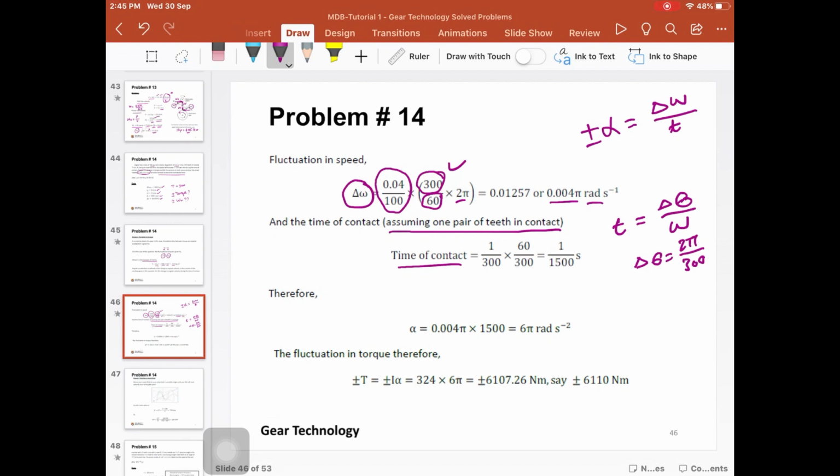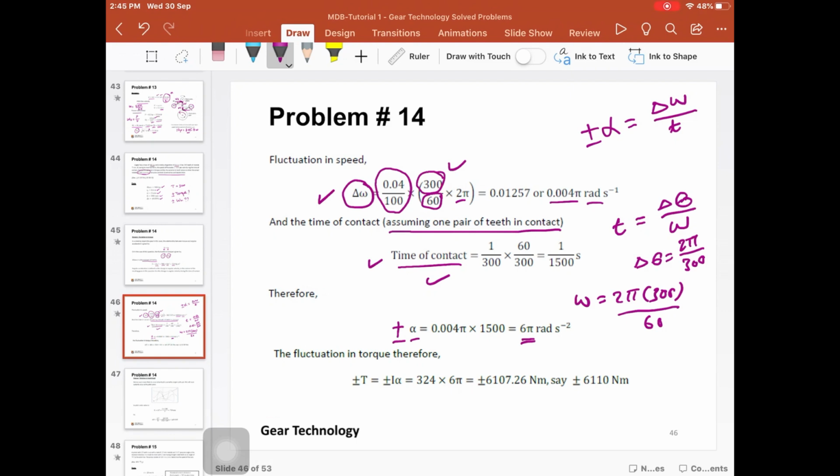All right, and omega is given as 2 pi times 300 divided by 60. Based on these two, we can calculate the time of contact as well. If you substitute the time of contact and the variation in the speed, this gives us the variation in the angular acceleration, which is going to be 6 pi.